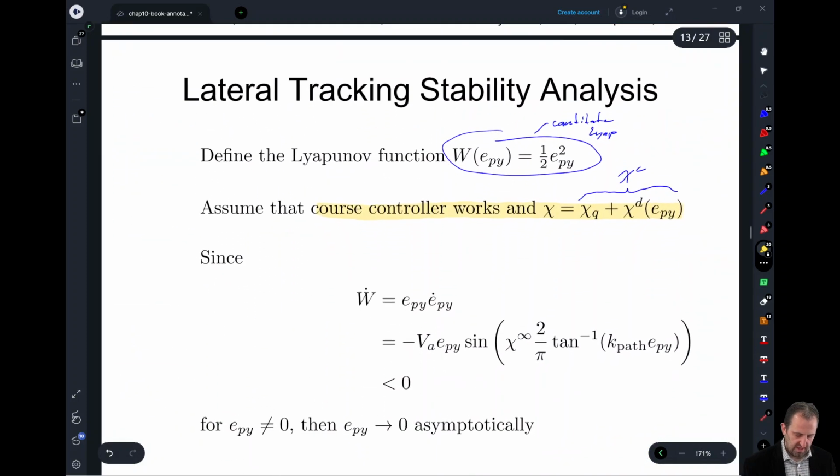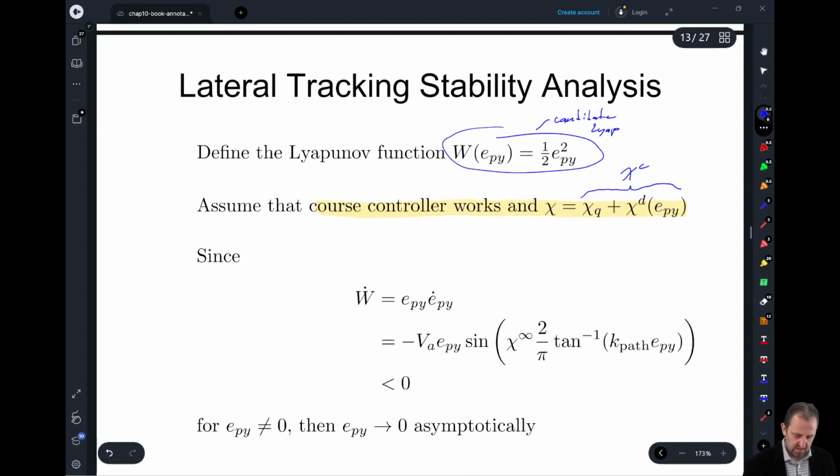So in this, we're not actually evaluating our controller, but we are evaluating the vector field.